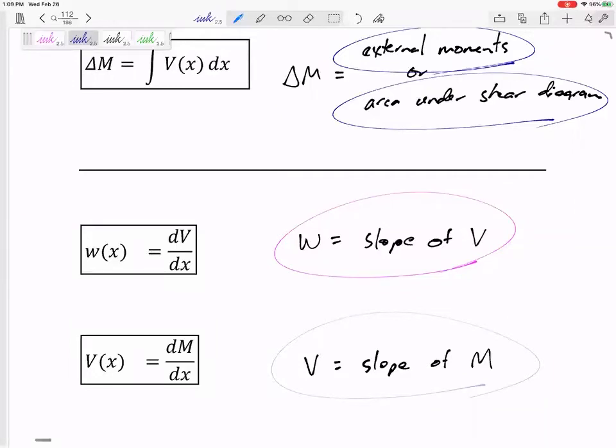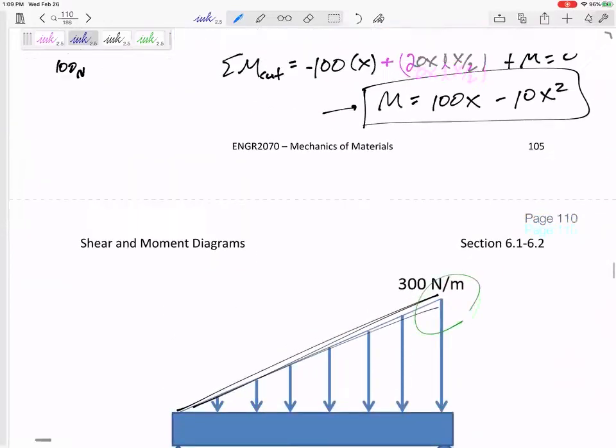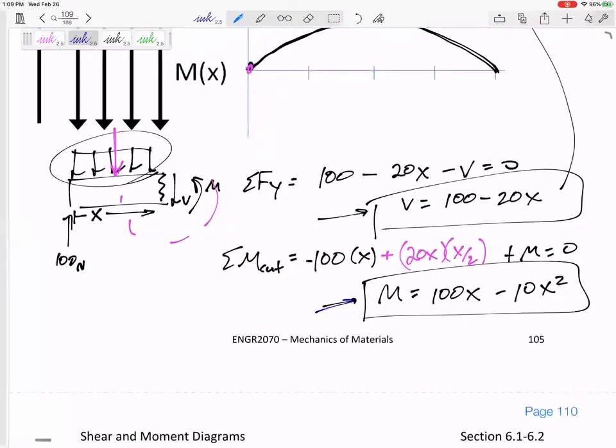So what am I thinking when I'm drawing my shear diagram? What am I thinking when I'm drawing my moment diagram? Now, you could go back to, I don't really like to do this, and I'm not really going to teach much of this, you could write an equation for your shear and an equation for your moment, and know that they're the integrals, the derivatives of each other.